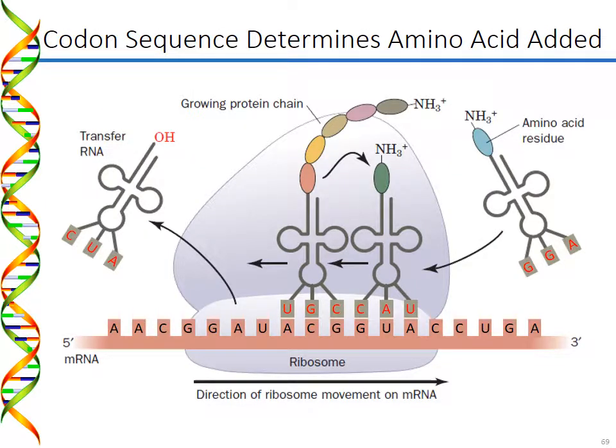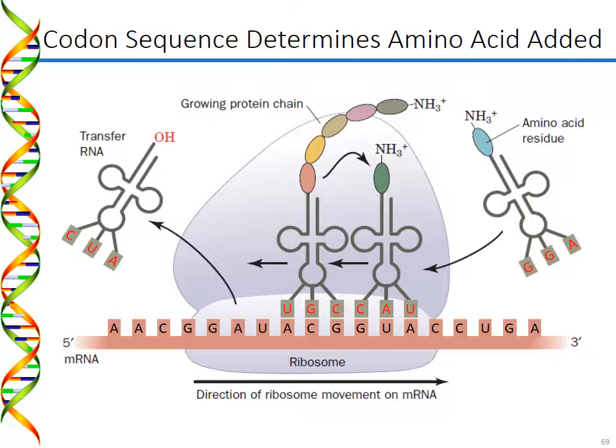Here we have essentially the same diagram, although I think this shows the nucleotide interactions a little bit more clearly. We have the P site taken up by a tRNA that is recognizing the codon ACG, and you see the growing protein chain is 5 amino acids long currently.